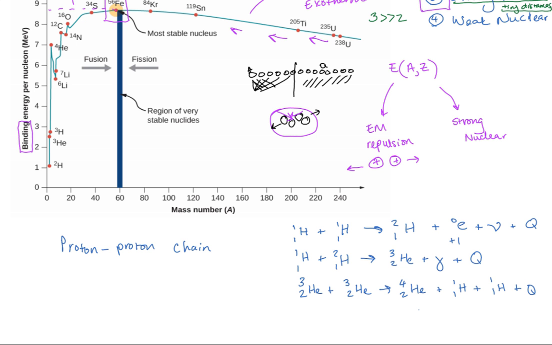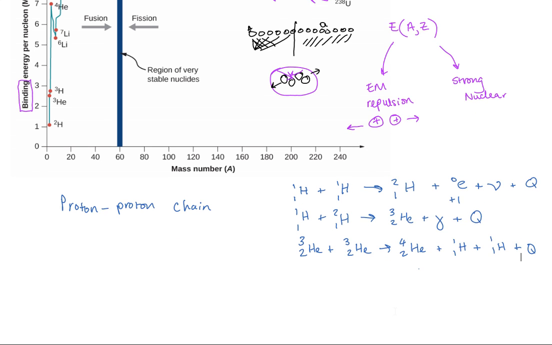So if we wanted to combine this chain reaction into one statement, what we could show is that 4 hydrogens will form into a helium nucleus, and as byproducts to that, we'll have positrons form. We'll also have gamma rays released. We'll form neutrinos, and of course heat.